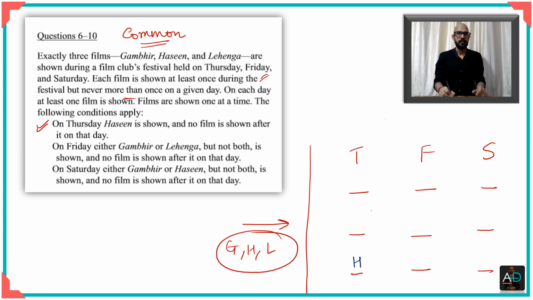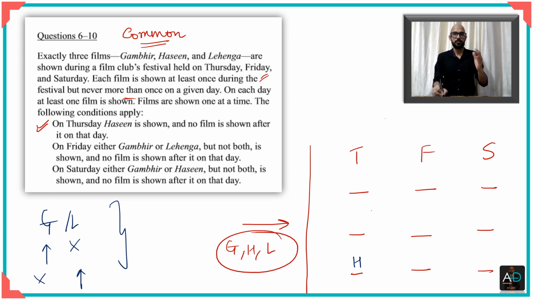Next, it says on Friday, either Gambhir or Lehenga, but not both, which means that if Gambhir is shown, Lehenga is not shown. If Lehenga is shown, then Gambhir is not shown. That either of these is shown, but not both. And no film is shown after it on that day, which means again this thing is at the end. It's the last position.